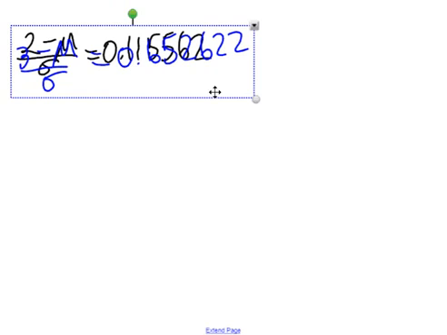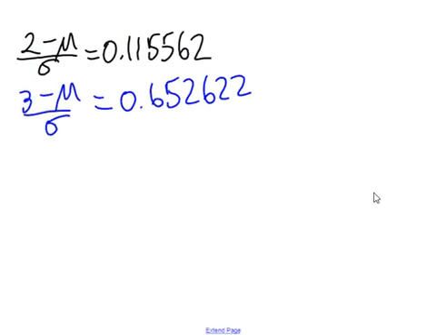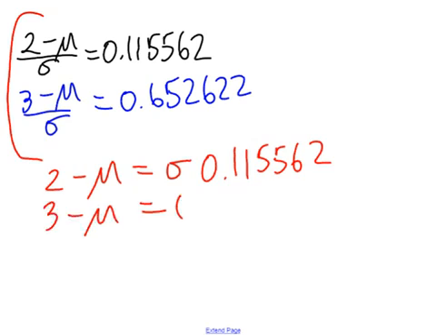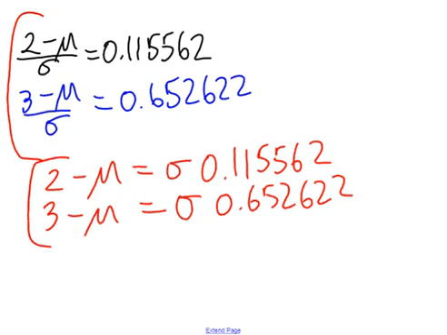So this tells us 2 minus mu is sigma times 0.115562, and 3 minus mu is sigma times 0.652622. Right, now I've got a system. Actually, it's a pretty easy system. On Tuesday we just subtracted it. But sometimes it's not always that easy.